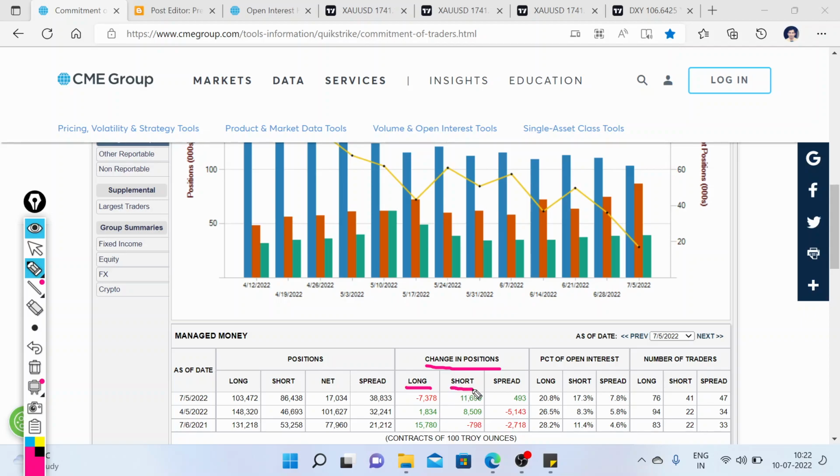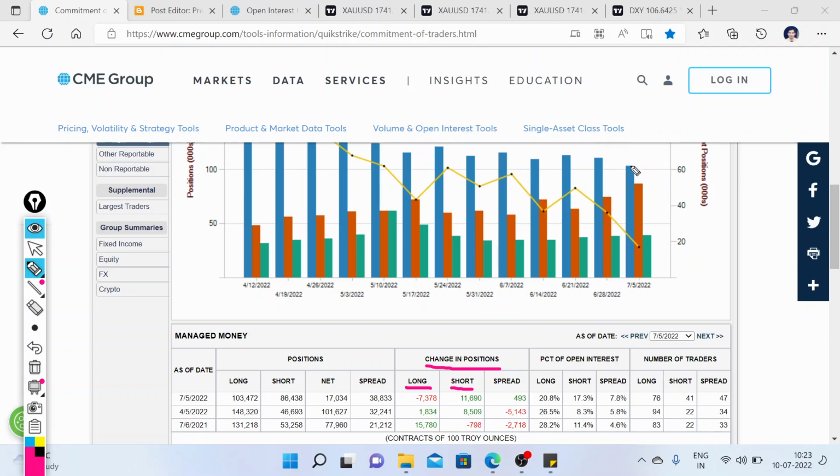In the short positions, there is an addition of 11690 contracts, and in the long, they are pulling money from their long contracts, which is minus 7378. So that means they are withdrawing money from the long and adding money in the short.